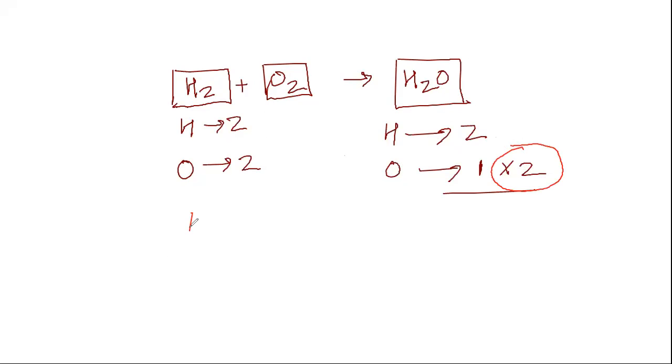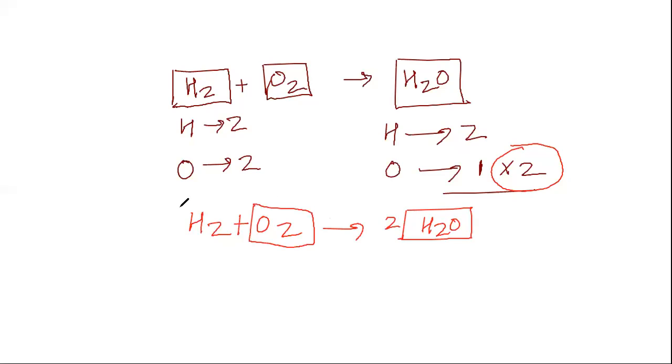So please understand that we need to multiply this box with 2. Now we will write it once again: H2 plus O2 gives a box in which we have H2O multiplied with 2. Let us put a box around both of these as usual. Now hydrogen here has become 4, 2 twos are 4, and oxygen here has become 2.